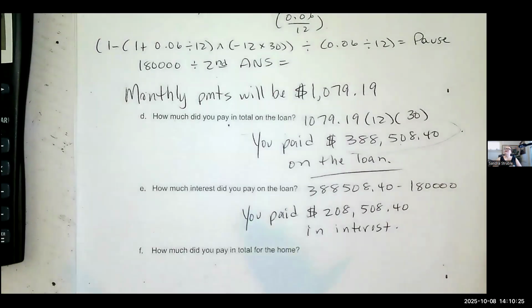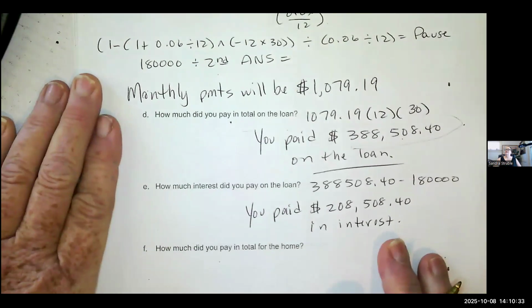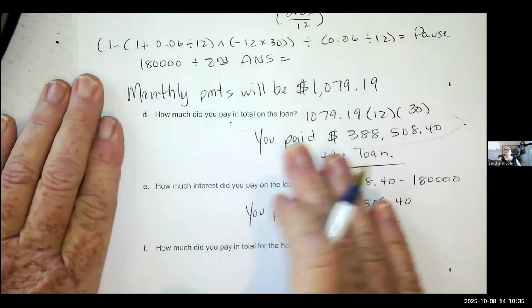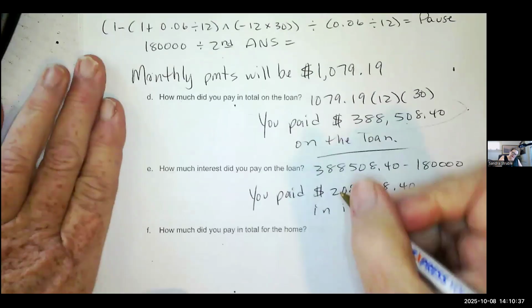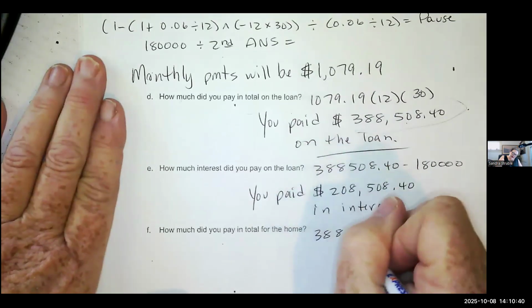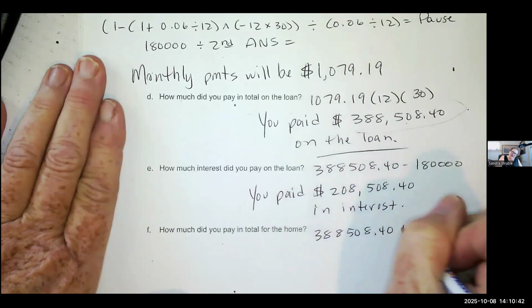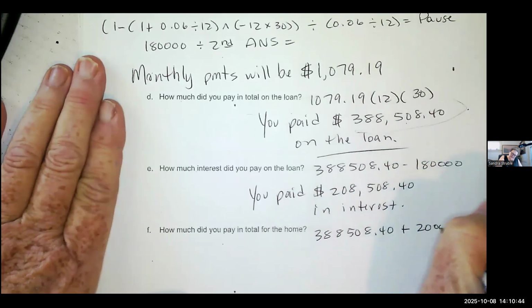$200,000 home. Let's find out how much you actually paid for this home. The amount you paid for this home is what? Well, you have to take the amount you paid in total, the 388,508.40, and add that down payment back in.